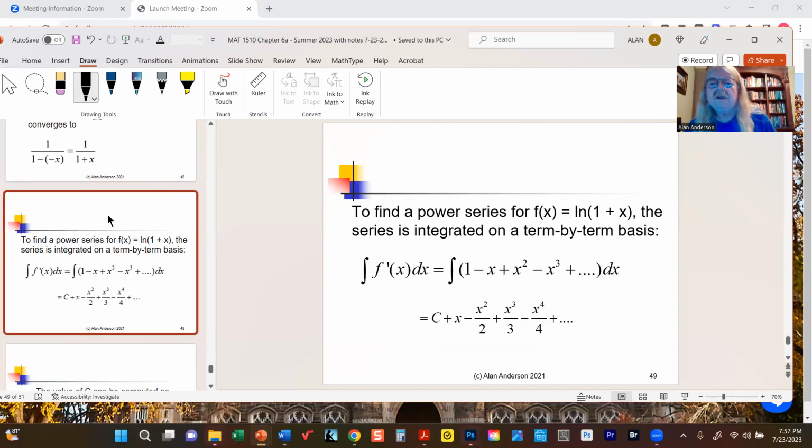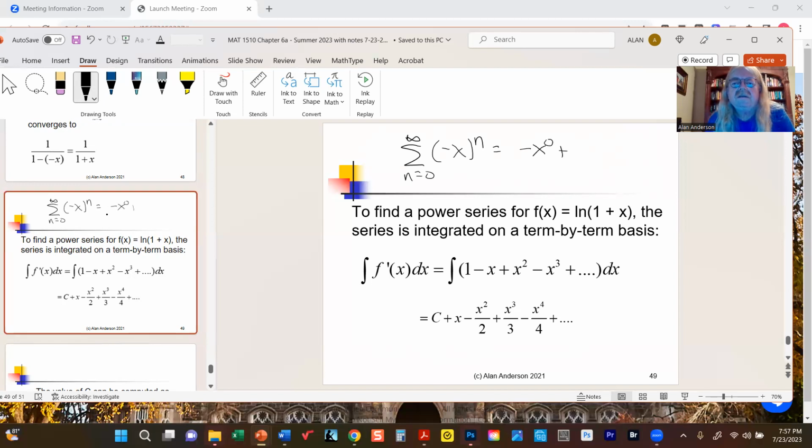Now, in order to rewrite this expression as a power series, we integrate, and remember what we had was this. So that means you're going to get minus x to the 0 plus minus x to the 1 plus minus x squared plus minus x cubed.